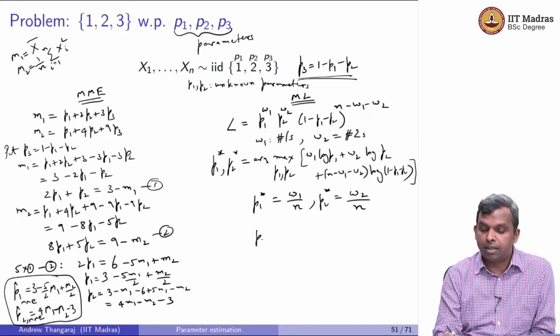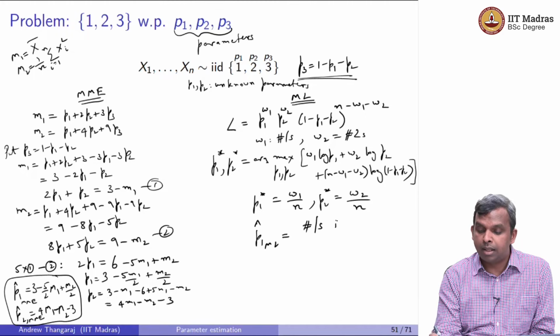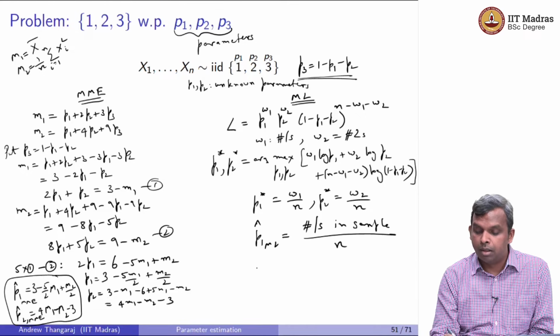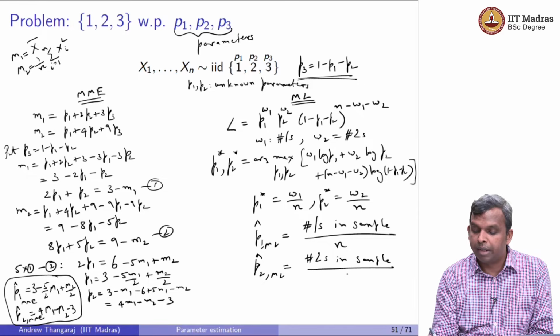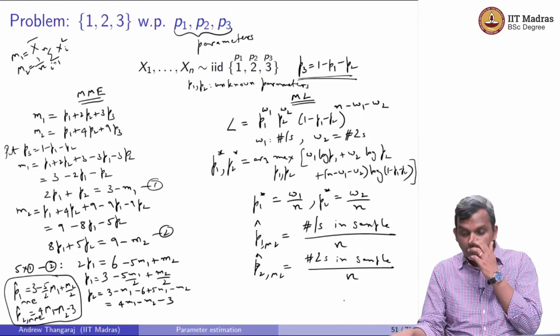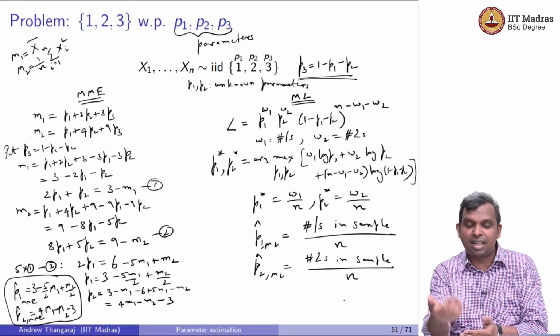So notice how nice the P1 hat ML is. Number of ones in the sample divided by n. P2 hat ML is number of twos in the sample divided by n. Such simple, elegant expressions, a very nice extension of Bernoulli.